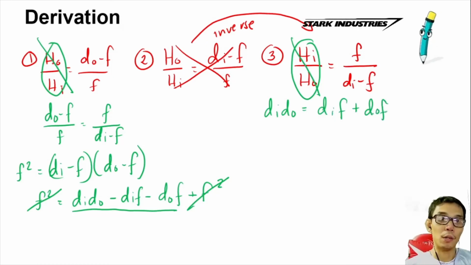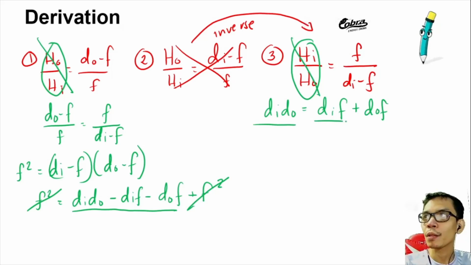So what is the final thing that we need to do in order to find out the mirror formula? We will divide both sides by d sub I d sub O f.